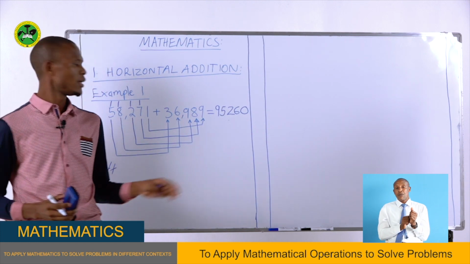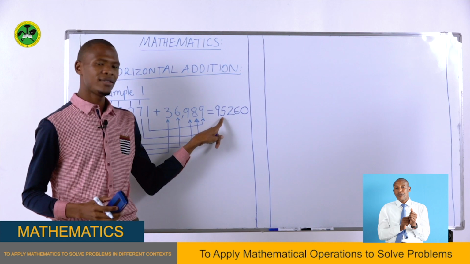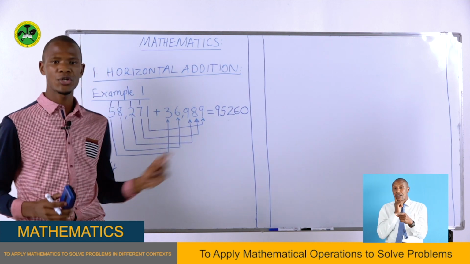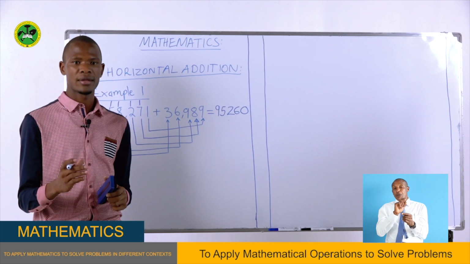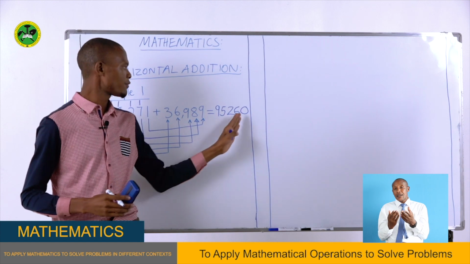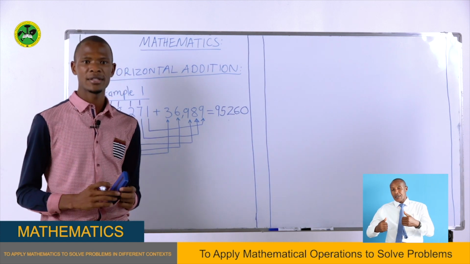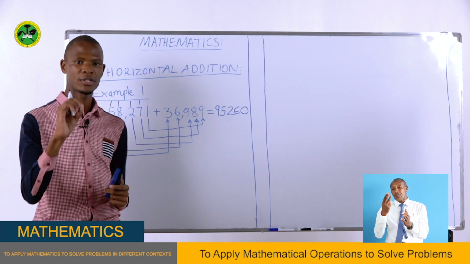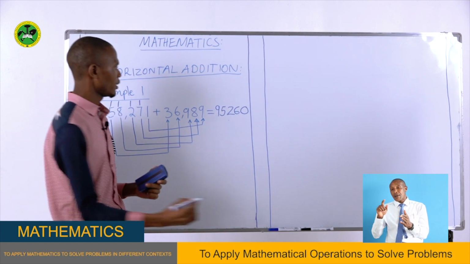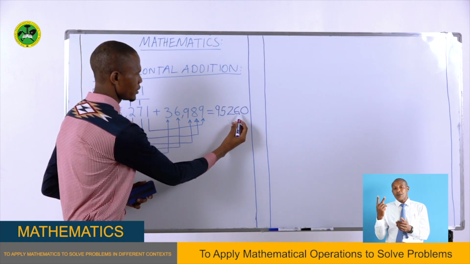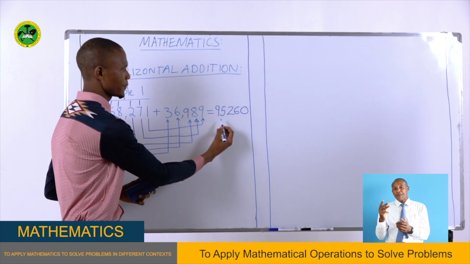Dear pupils, this is our answer from this kind of question. Therefore, we need to separate these digits starting from the right-hand side. We need to count 3 digits and then we put comma. Let us count together. 1, 2, 3.